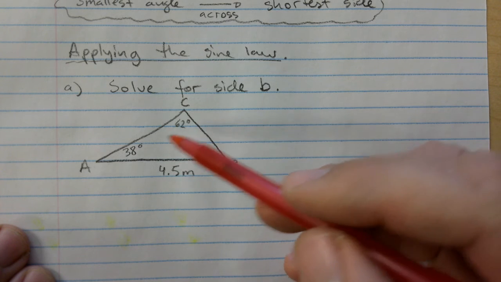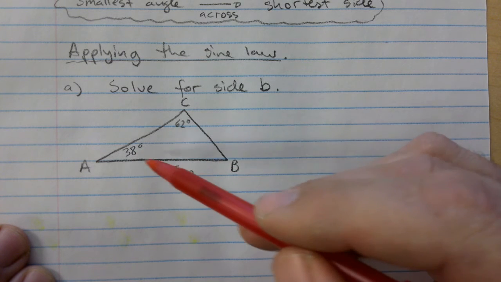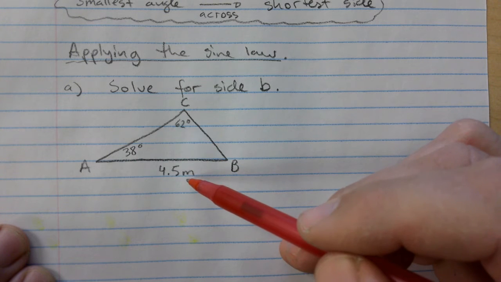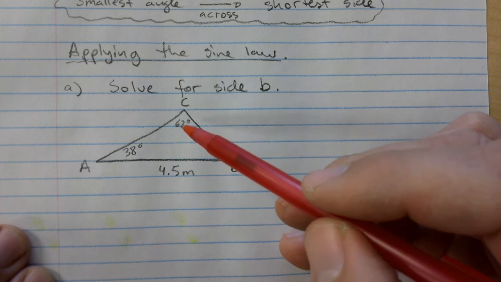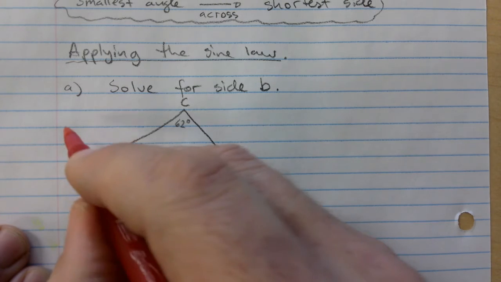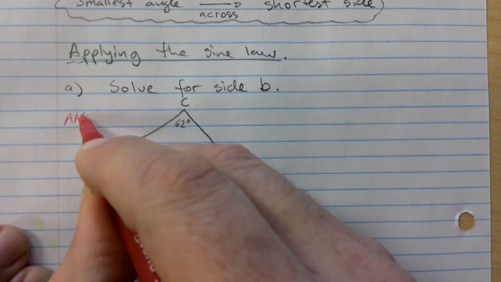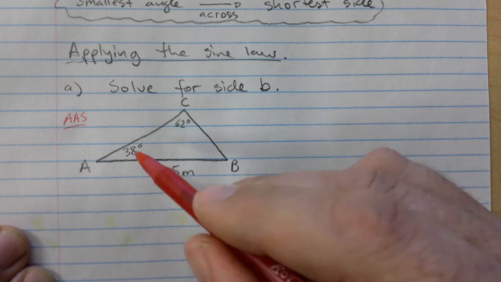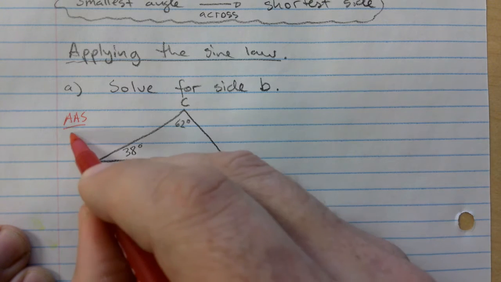So you can tell that, right? If you have two angles and a side given to us, this would probably be angle, angle, side, or side, angle, angle if you wanted to name it. It doesn't matter.